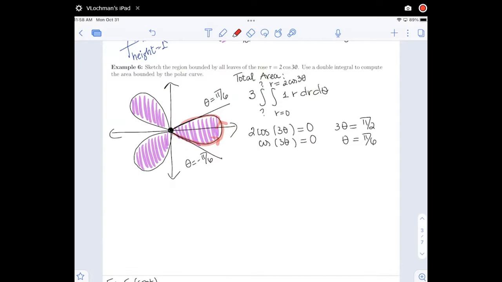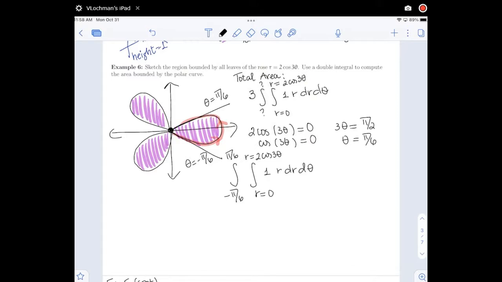All right, so now we're going to set up our integral for just one leaf. That would be 1 r dr d theta. r goes from 0 to 2 cosine 3 theta, and theta goes from negative pi over 6 to pi over 6.